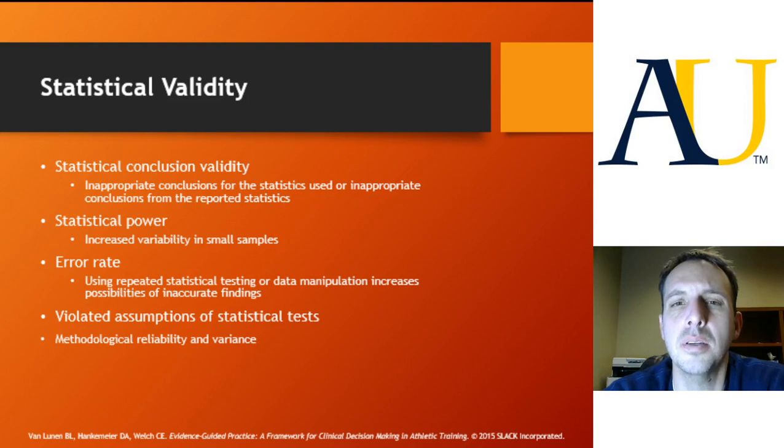So the most common example there is specifically analyzing change scores versus raw scores. If you do a pretest post-test, you can analyze the raw score and the mean between each one, or you can analyze the change between each one.